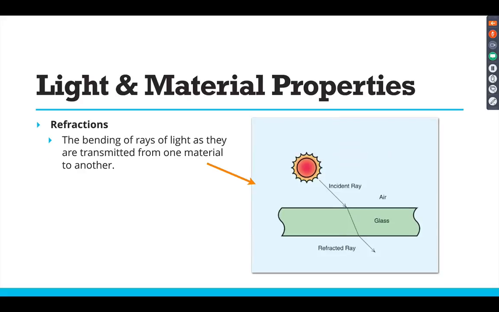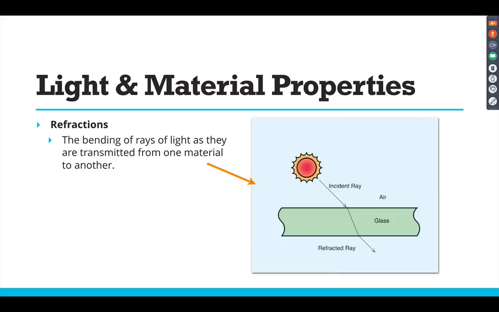Refraction occurs when that light ray is off, even slightly, of a perpendicular angle. It's called an incident angle. So once that light ray hits the surface at an incident angle, depending on what this material is, the light ray will bend slightly and then continue on once it passes through the material.